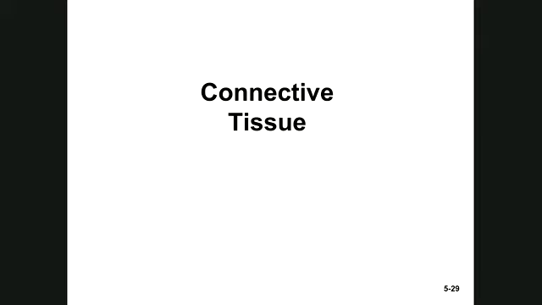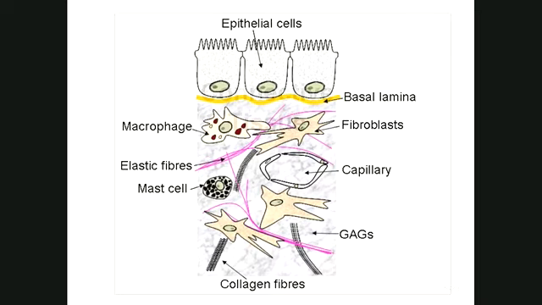In this part, I want to talk about the diversity of connective tissue which we have in our body. But before I start, you need to know that all connective tissue share three basic components. In all connective tissue, we have cells, different types of cells as you see here.